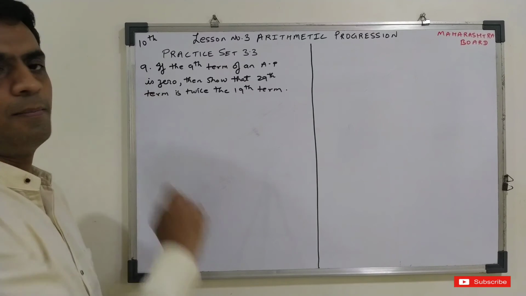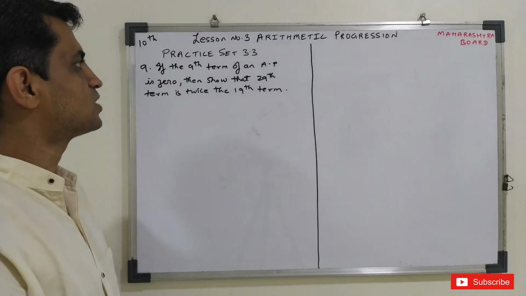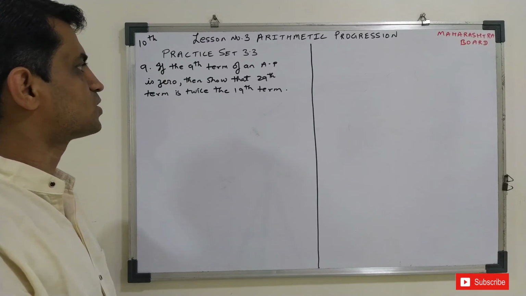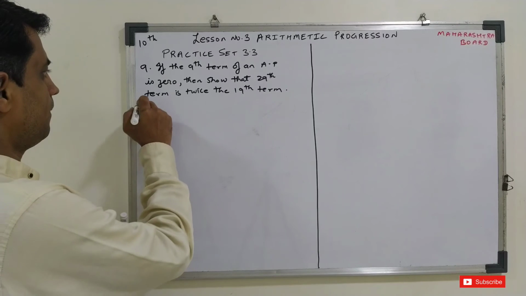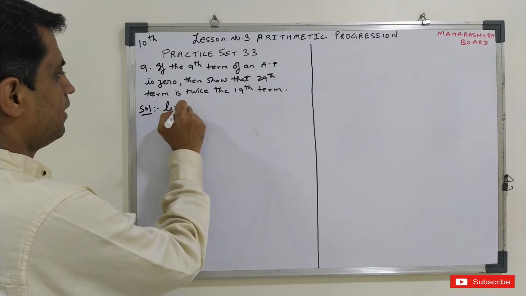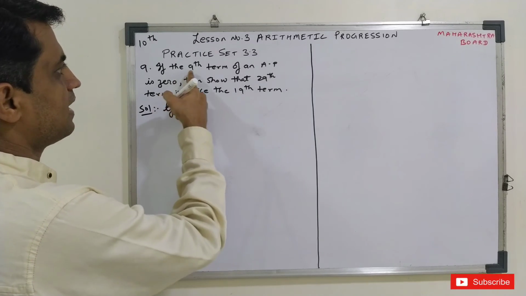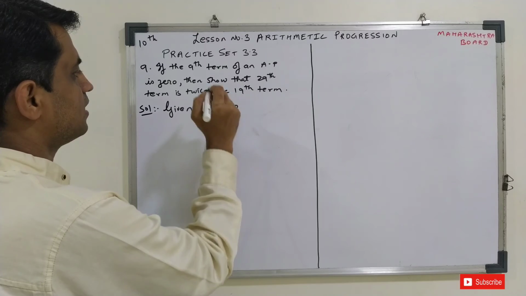Yes students, ninth sum. If the ninth term of an AP is 0, then show that 29th term is twice the 19th term. Let us note down in given and all, so that we understand well. Given: the ninth term of an AP is 0. It means T9 is 0, given.